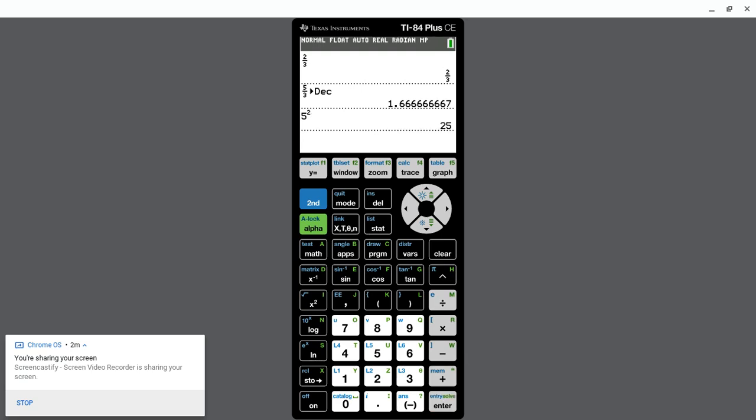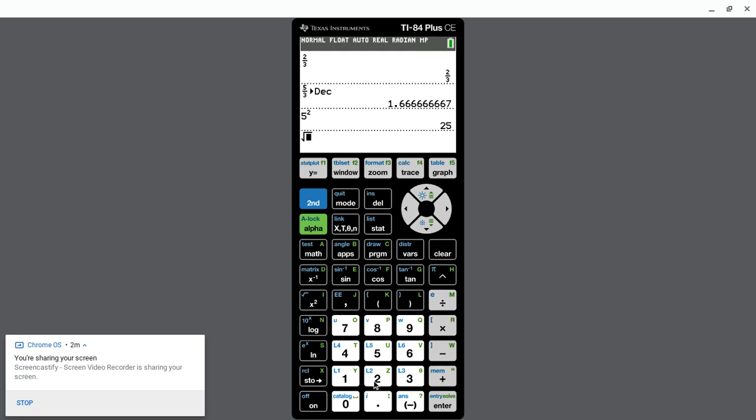Sometimes we need to take the square root of a number. To take the square root, we have to have the radical first. So, do you see on this x squared button how there's a square root symbol in the top left-hand corner? Well, it's blue. So we need to hit the blue second button first, and then we hit the x squared, and that's how we get that radical.